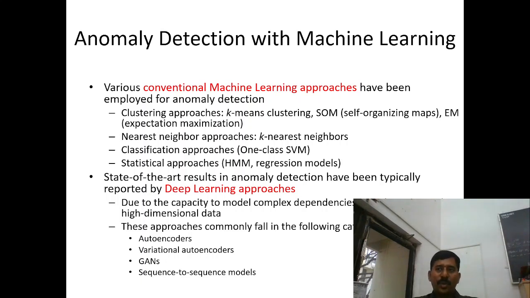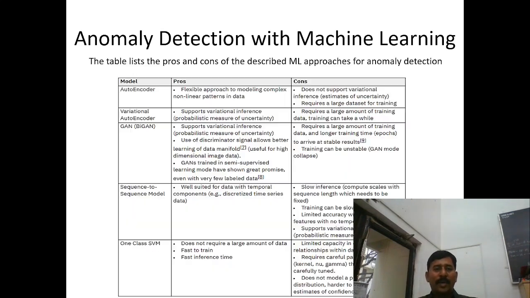Fourth one, sequence to sequence models. So autoencoders: an encoder network maps inputs into a lower dimensional representation, that may be either a code or a bottleneck, and a decoder network reconstructs the original input data. So this is autoencoders.